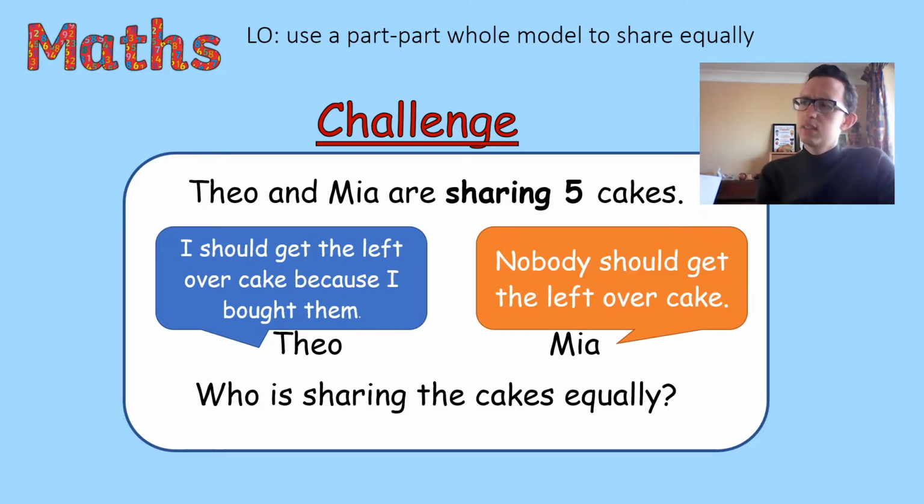And then Mia says, nobody should get the leftover cake. Now, I want you to think about it and then write me a sentence: who is sharing those cakes equally? And maybe, how could they share the leftover cake equally?